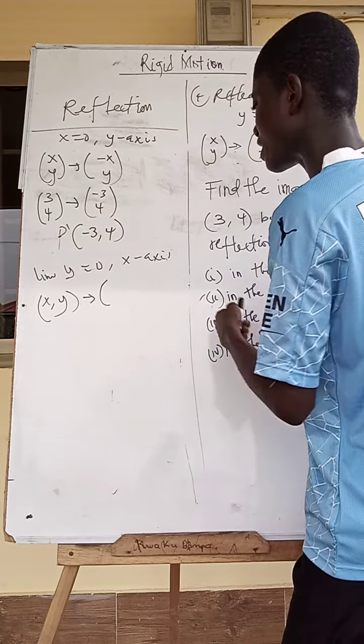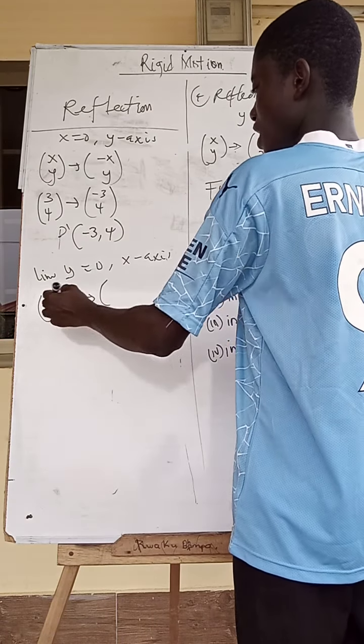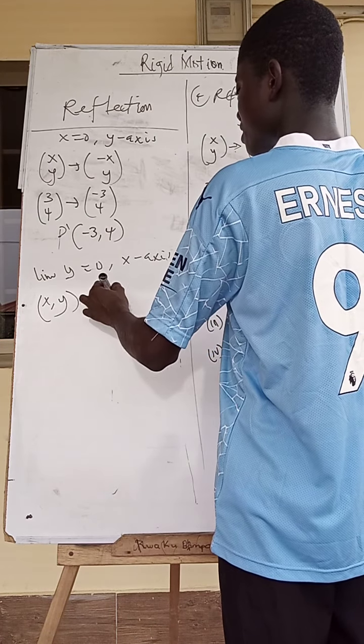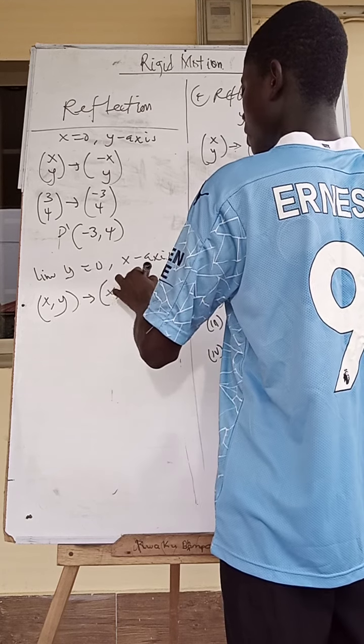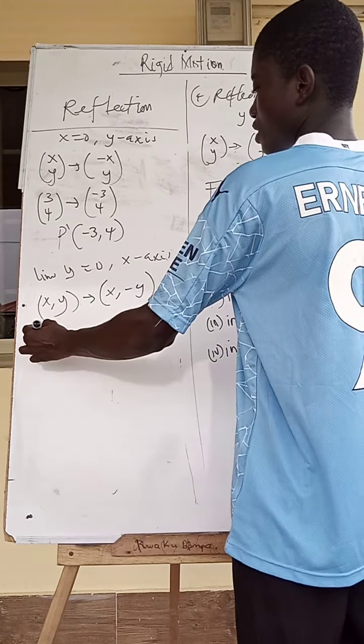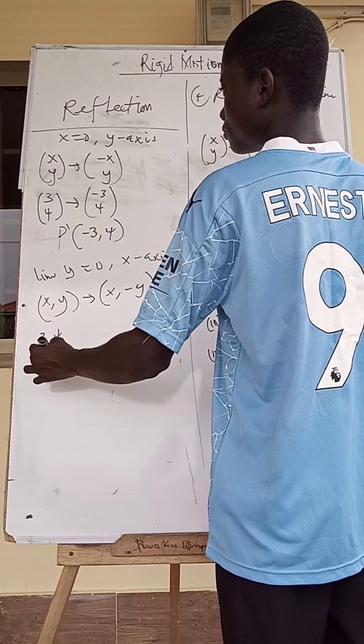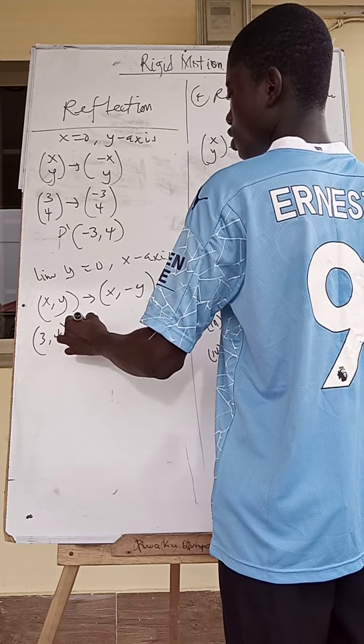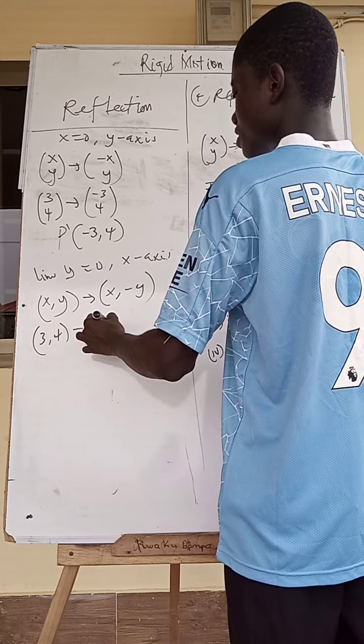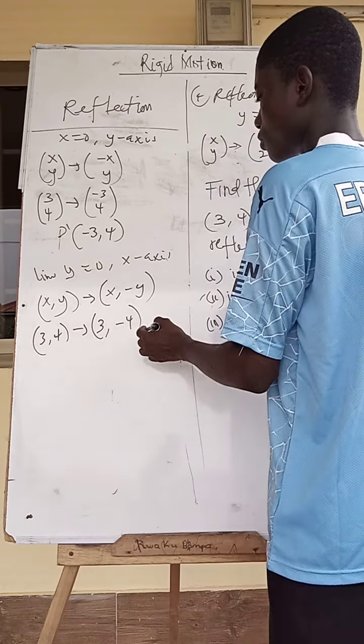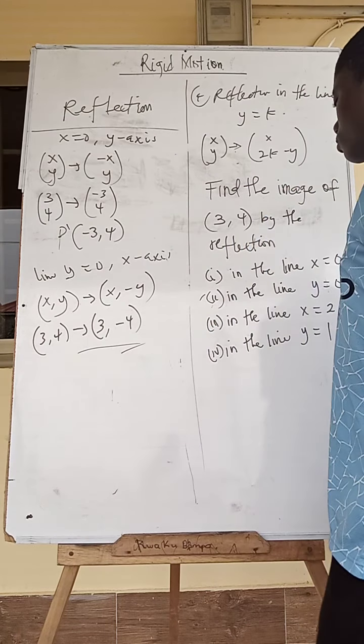So (x, y) maps to reflection in the x-axis, (x, -y). So here the point (3, 4) will change to: you are maintaining x which is 3 and negating y which is 4. So this is the answer.